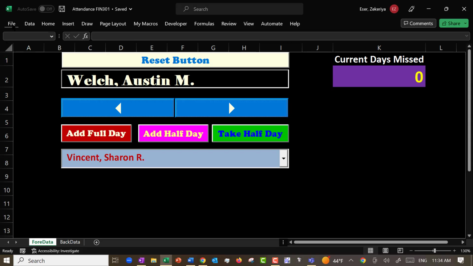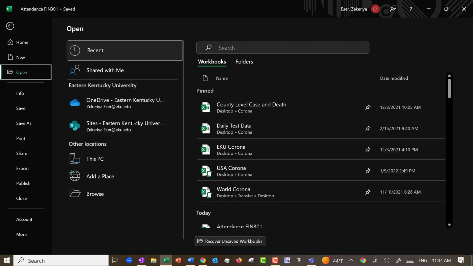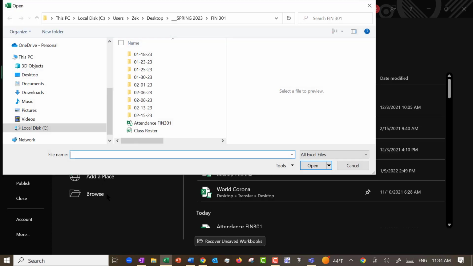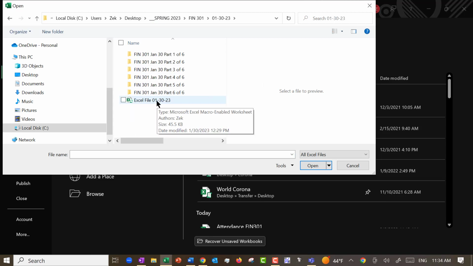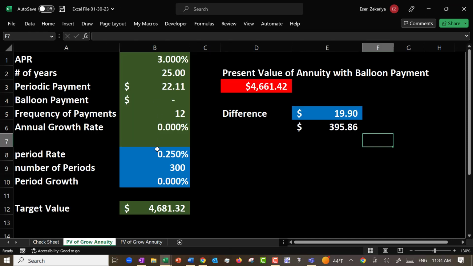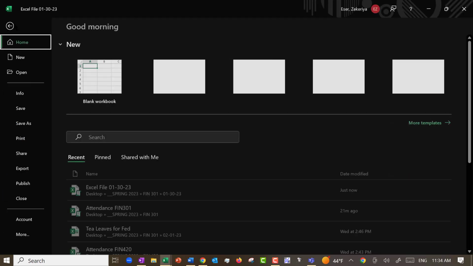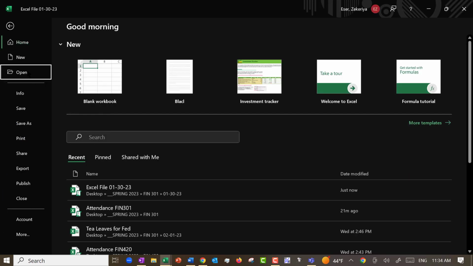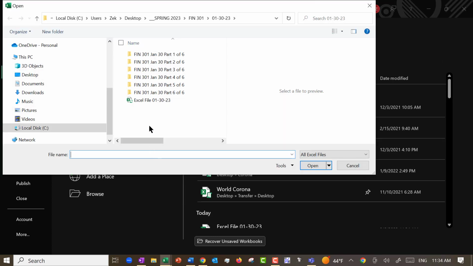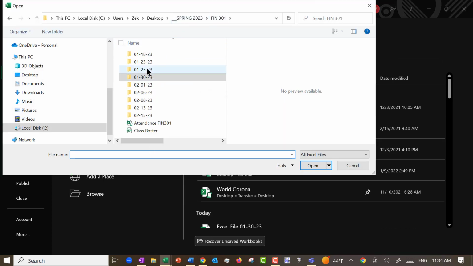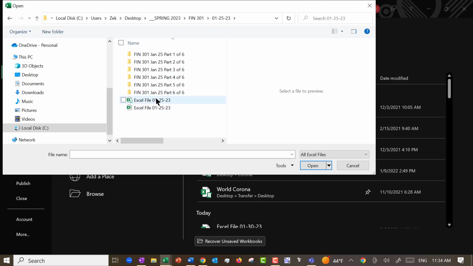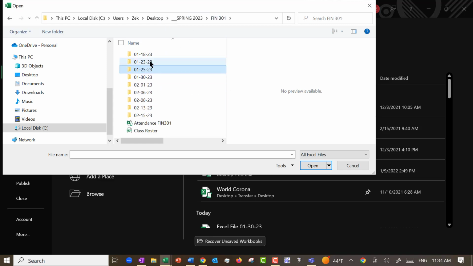Let's see. I think we had it here. No, even before that. This is one with growth rate. We could even use that, but okay.